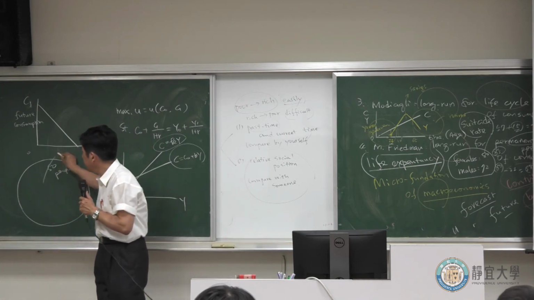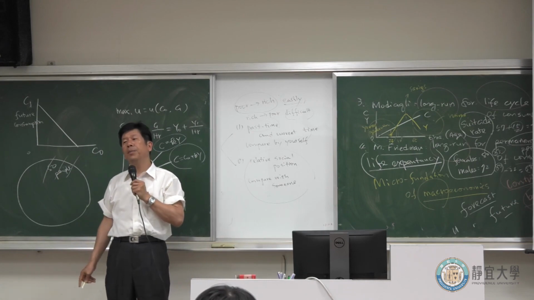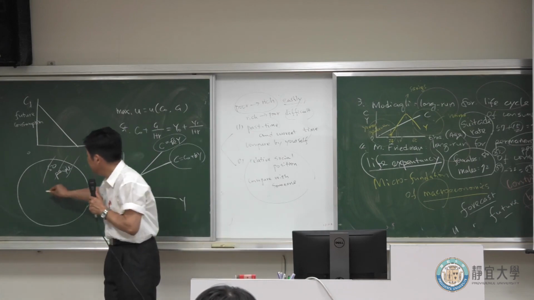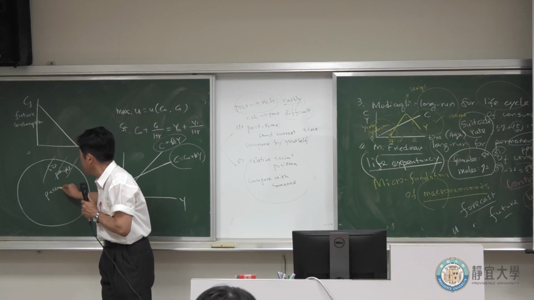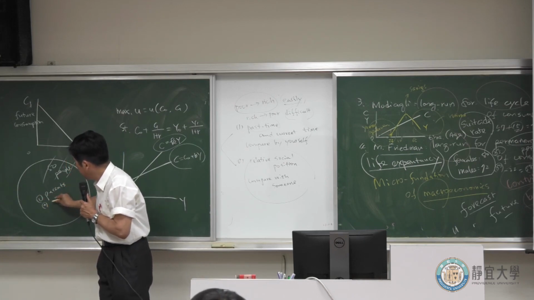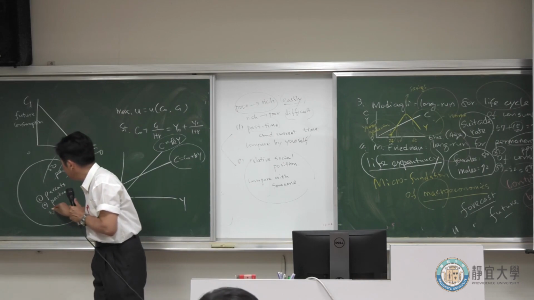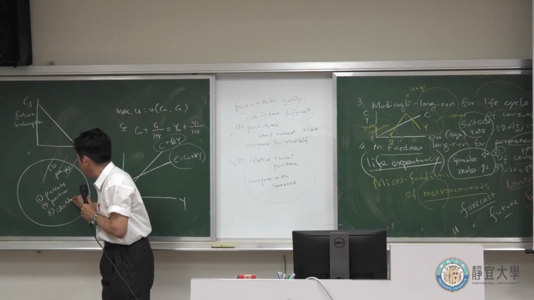And then you draw away. Finally, you only have three: one is your parents, one is your partner, one is your children.